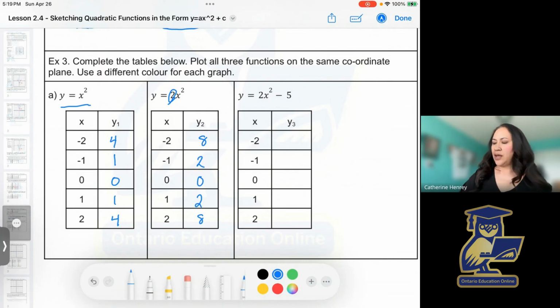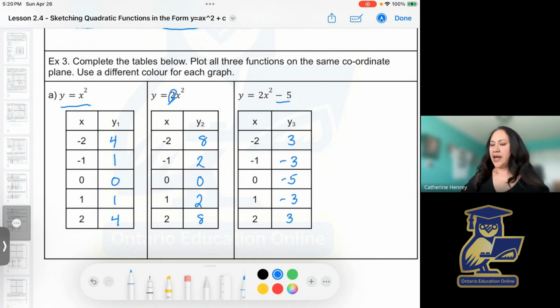And then if we subtract a 5 at the end, we're going to have to subtract all of those values by 5. So 8 minus 5 will be 3, and 2 minus 5 will be -3. 0 minus 5 will be -5. 2 minus 5 is -3, and 8 minus 5 is 3.